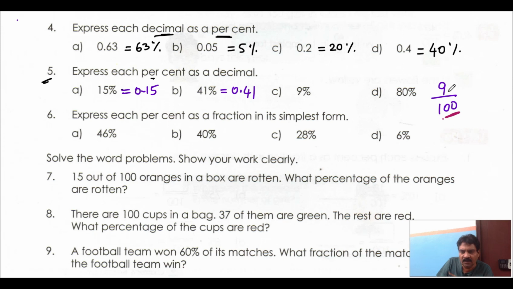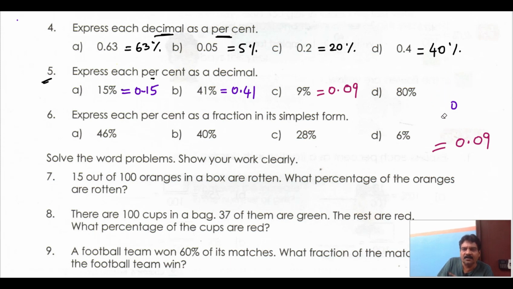You have to move the decimal before two numbers, but you have only one digit here. So in such case, you move the decimal by keeping 0 to it and keep it here. So it becomes 0.09. That is the decimal value.